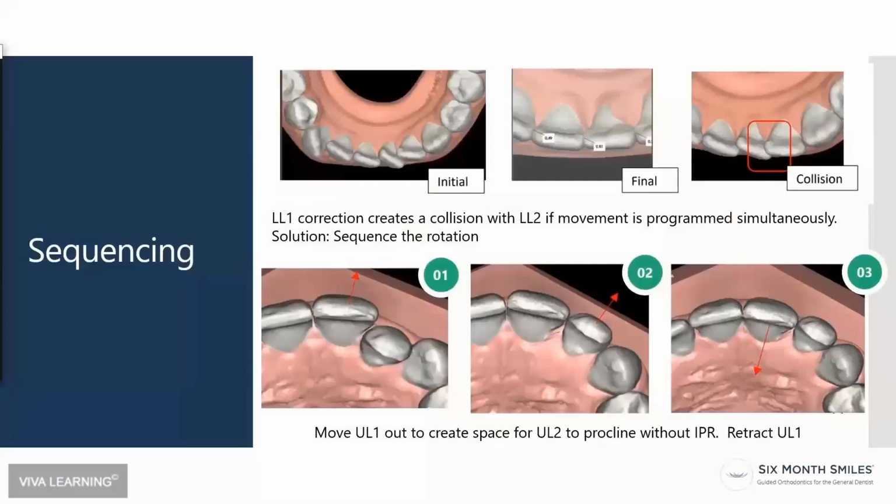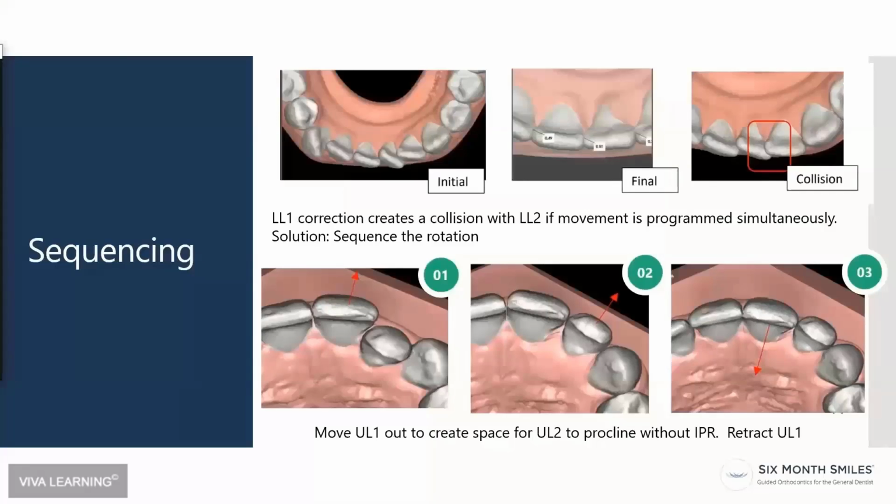Let's look at this example of incorrect sequence. The lower left 1 correction creates a collision with the lower left 2 if the movement is programmed simultaneously. So in this particular case, you need to sequence, or the movement needs to be approached in a different way. Normally, if you don't understand this concept, companies will just provide a lot of IPR so you can actually rotate that tooth.